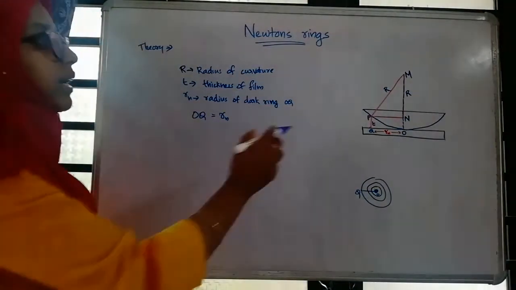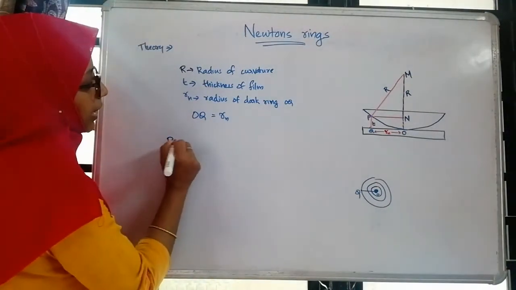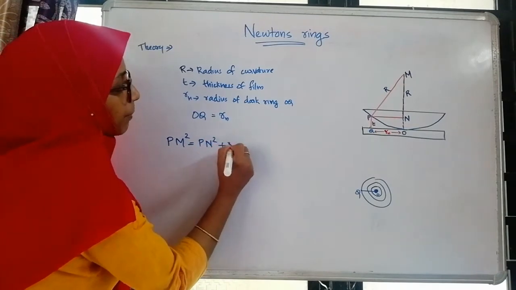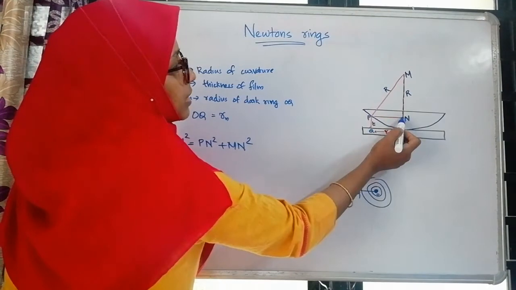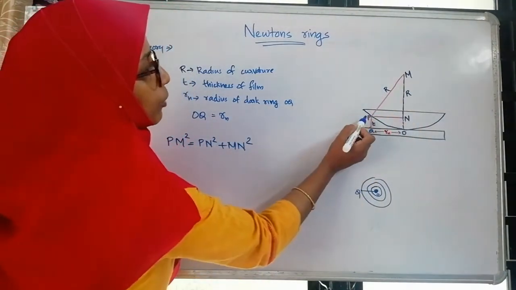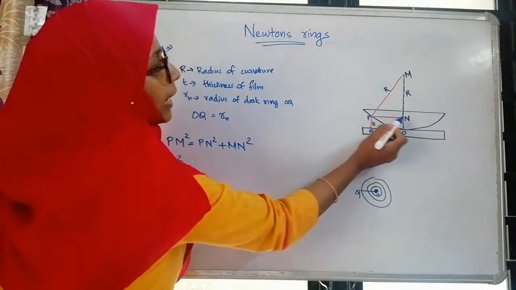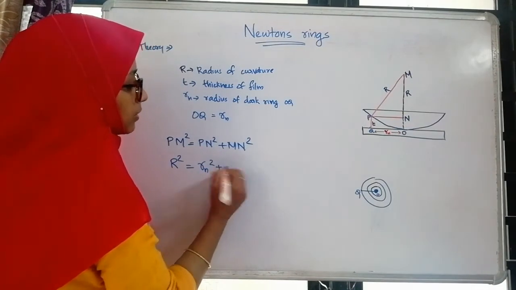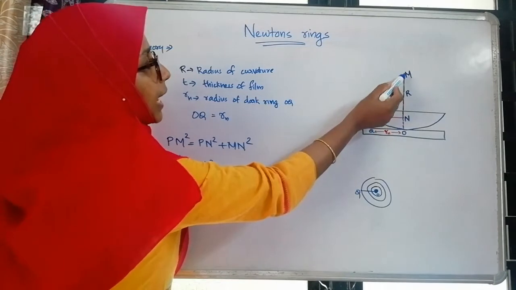Now, according to Pythagoras theorem, from this figure we can write PM square is equal to PN square plus MN square. We know PM is equal to R, so R square, and PN is equal to Rn square, the radius of that particular circular ring which we have considered, and MN.